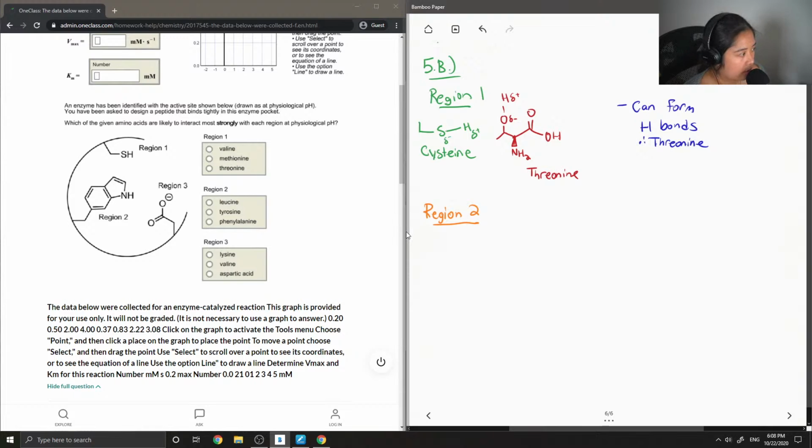So region 2 has like a 2-ring structure. If I don't butcher this. Kind of like that. This is the structure for tryptophan.